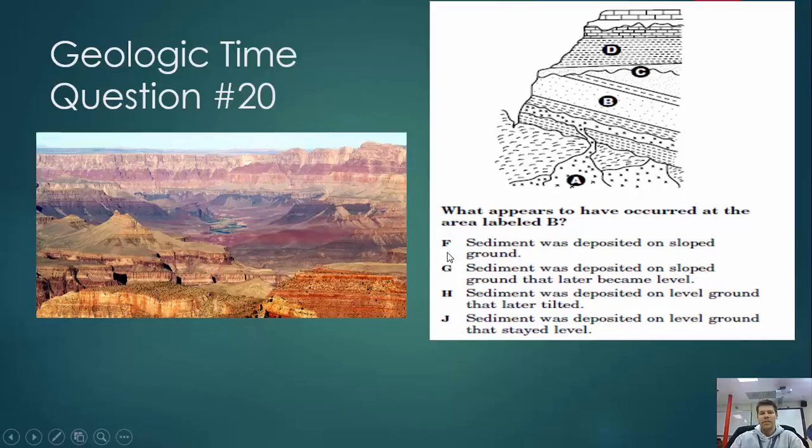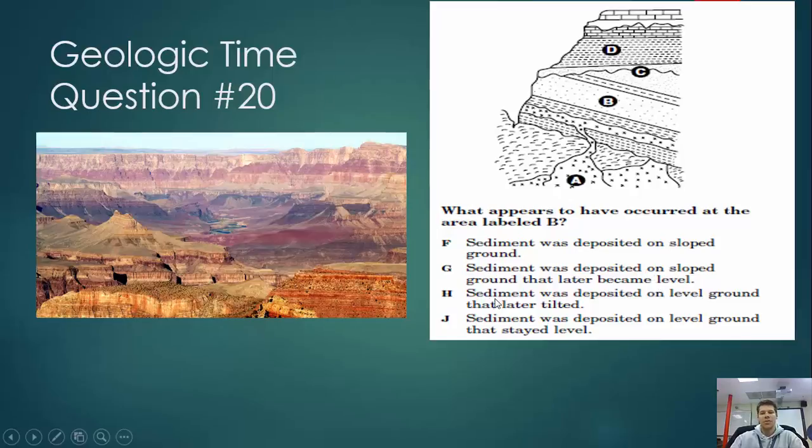So, which one of these is a true statement? Sediment was deposited on sloped ground. Is that why this is tilted? The answer is no. All rock layers start out horizontally. Sediment was deposited on sloped ground that later became level. This was the trick. They basically gave you the opposite answer.